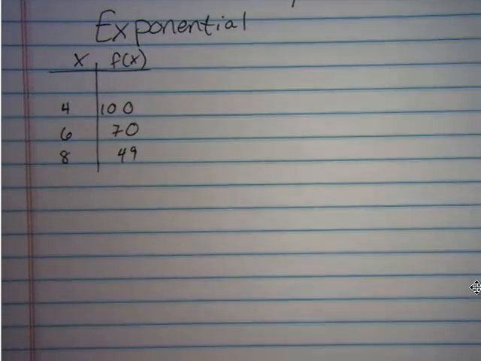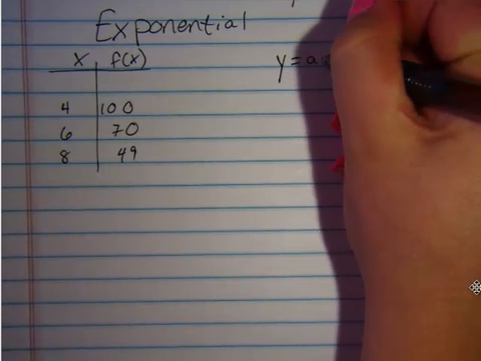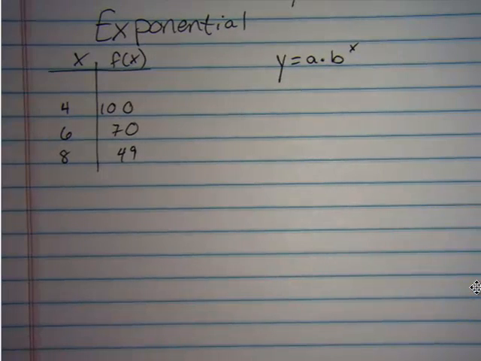Now, the generic equation we are going to use for exponentials is y equals a times b to the x. We should be able to take care of all different types of transformations that take place in here by just looking at this case.